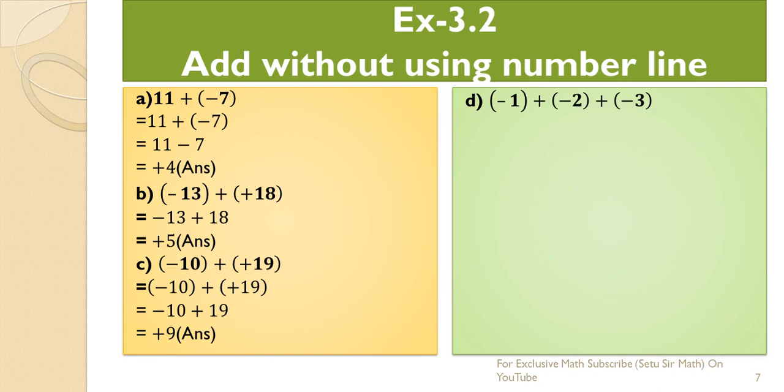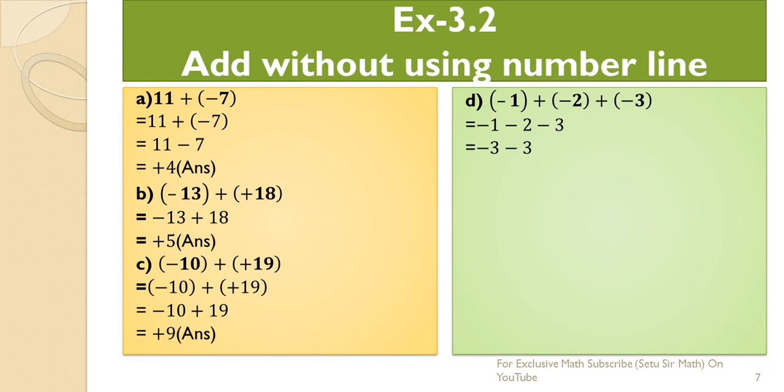number D, minus 1 plus minus 2 plus minus 3. We will use multiplication rules of plus minus sign. Minus 1 and plus minus, that would be minus 2, and plus minus, that would be minus 3. So here, minus 1 and minus 2, at first we minus minus, that would be plus.